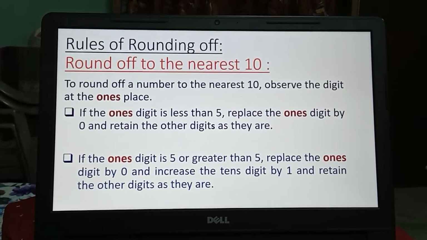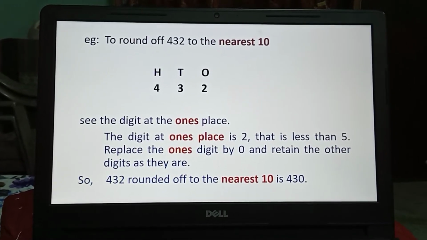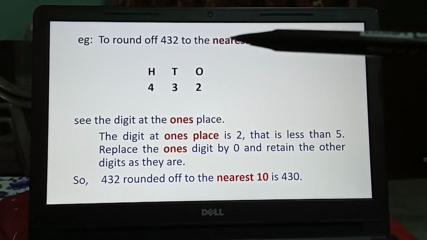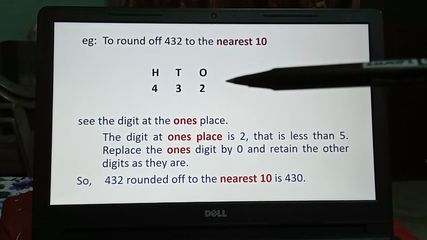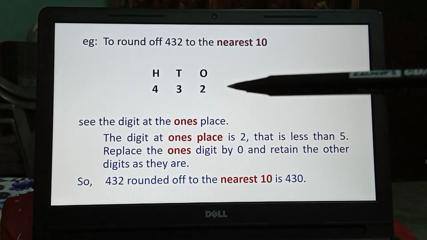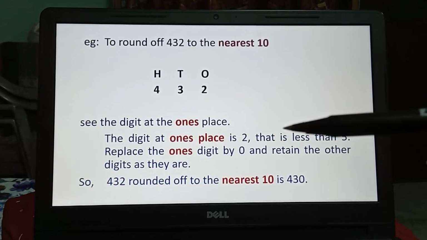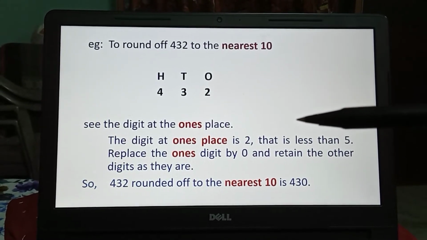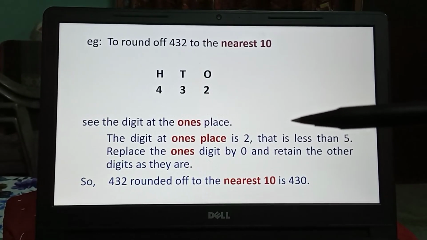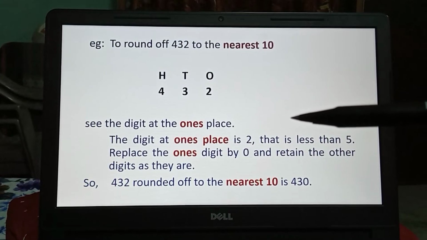I am taking an example here. To round off 432 to the nearest 10. Here, children, you see 432: ones, tens, 100. So what digit is there at the ones place? It is digit 2. So 2 is less than 5. Always we have to compare with 5. So 2 is less than 5, so we will follow rule number 1.